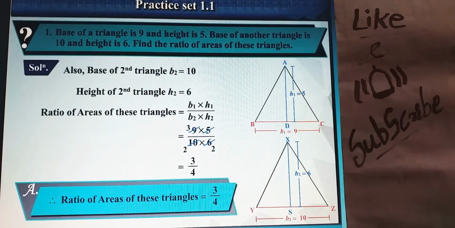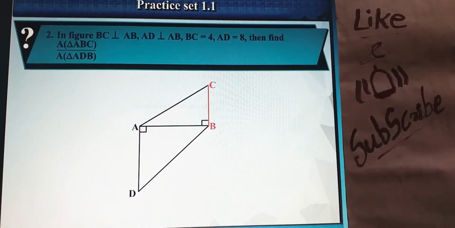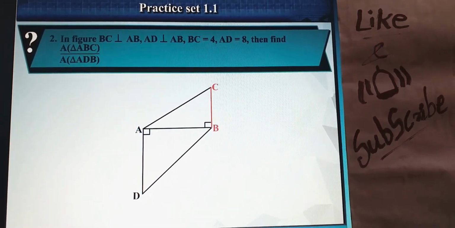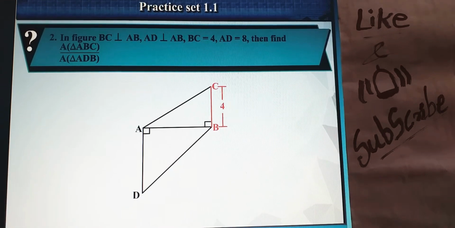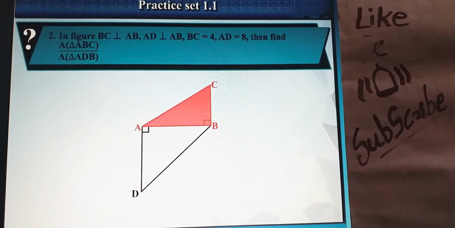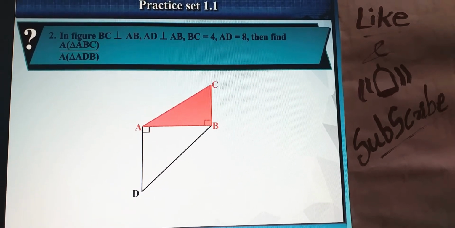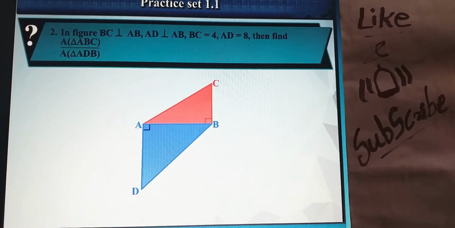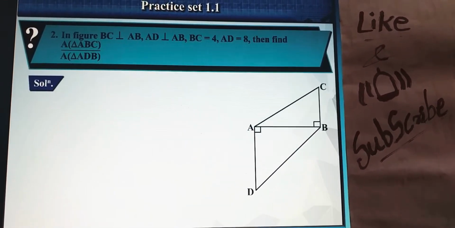2. In the figure, BC is perpendicular to AB. AD is perpendicular to AB. BC is equal to 4. AD is equal to 8. Then find area of triangle ABC upon area of triangle ADB. Solution.